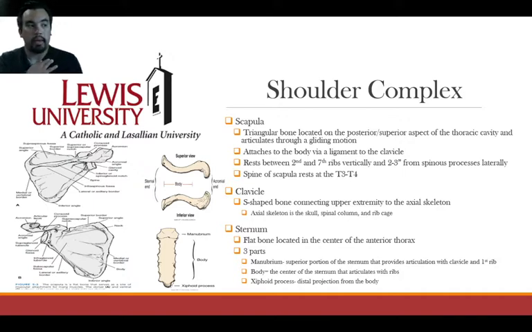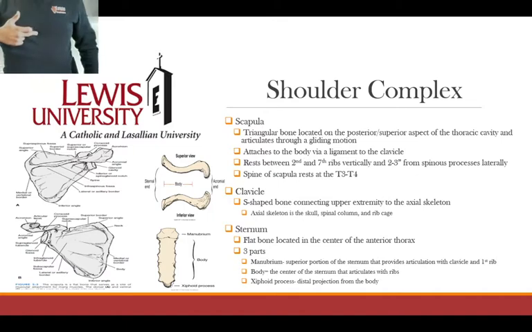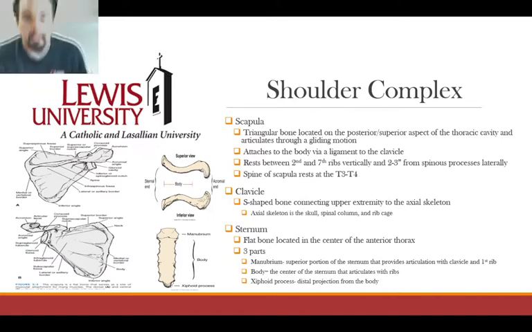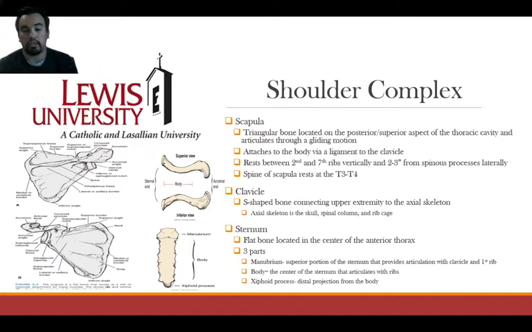Then as you run that back towards the middle, you'll feel another bump, and that's where the clavicle and the sternum meet, right at that manubrium at the top. Then you have the body right here, and then right underneath is our xiphoid process. Don't push on that too hard, because that is actually a more fragile piece of bone.